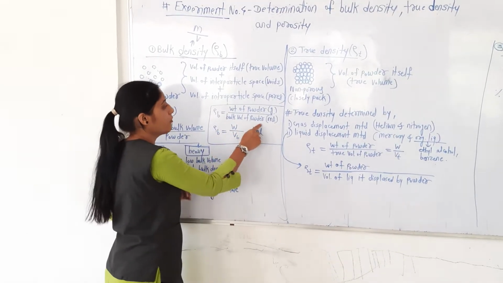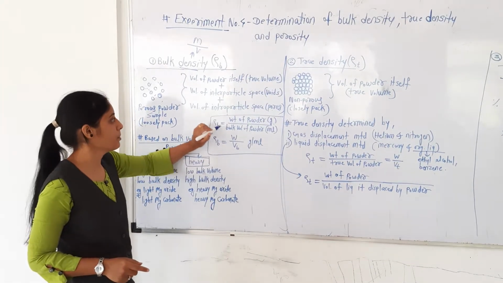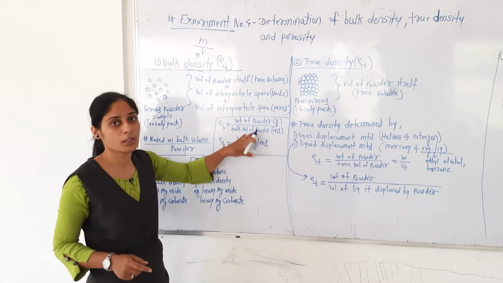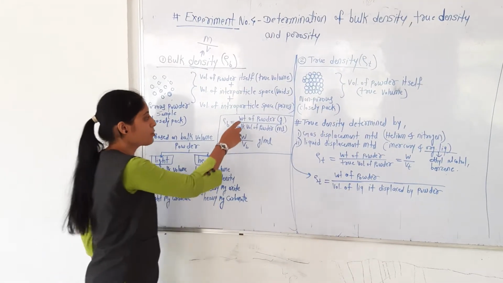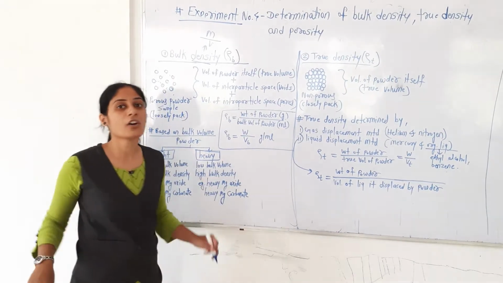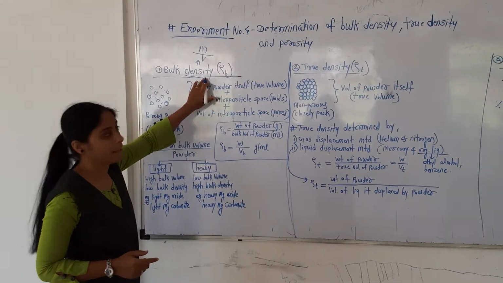Second, we have to determine the bulk volume of this powder sample. For bulk volume determination we use these three types of volume, and then note that volume down here. By using these two, we divide the weight of powder sample by the bulk volume of powder sample, and then we can easily find the bulk density.